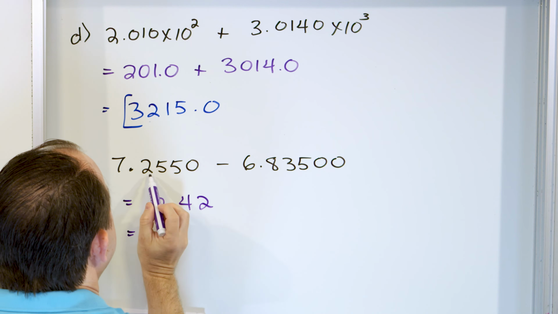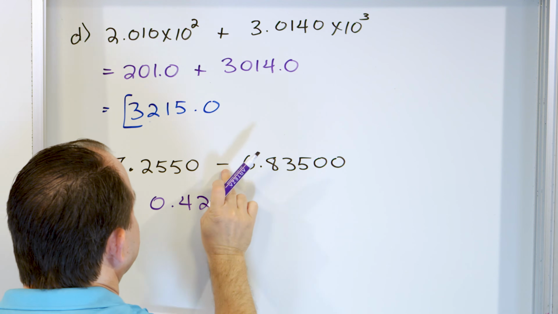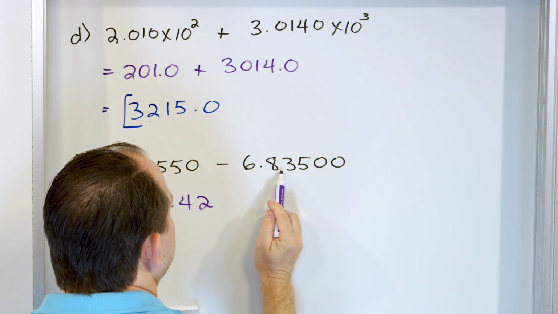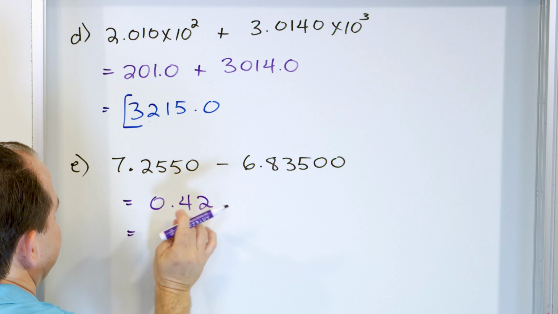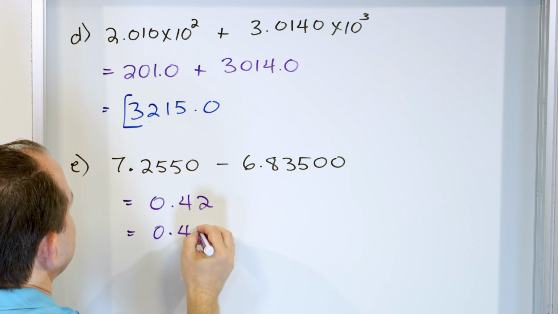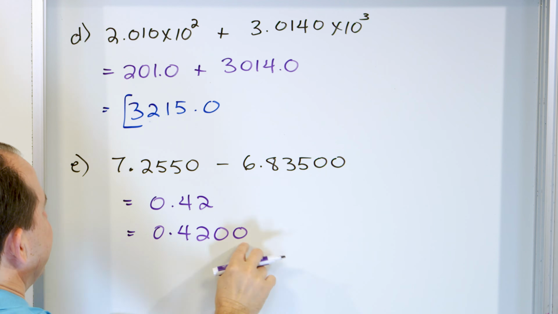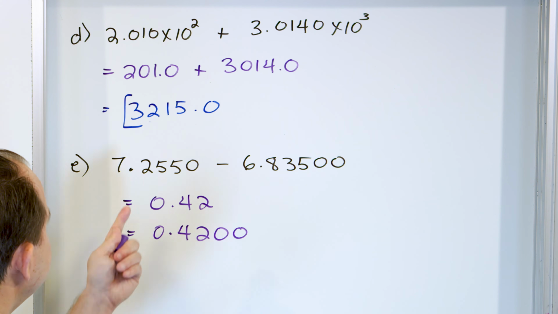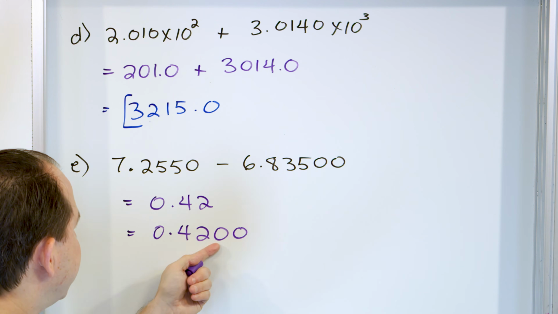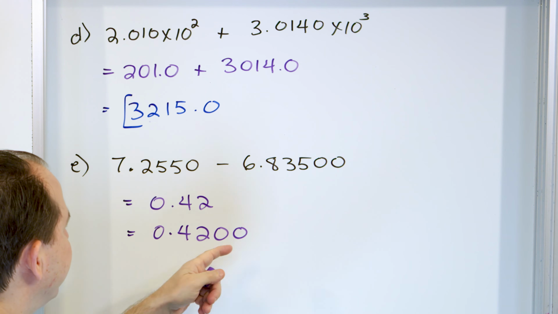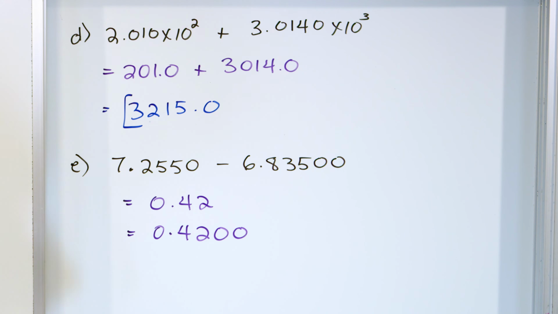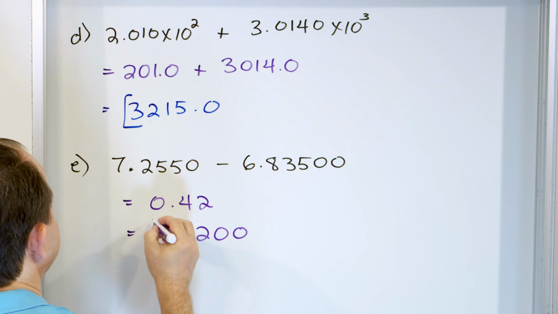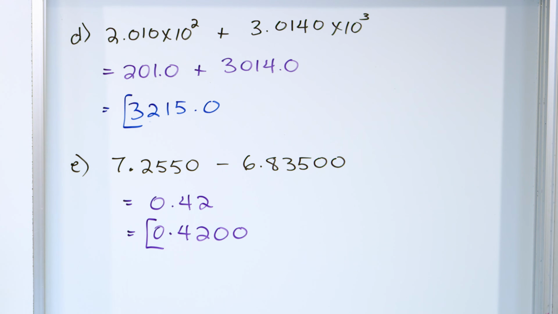But we see that we have 4 digits after this decimal, and because we're subtracting, we're only looking after the decimal, and we have 5 digits here. So our answer has to have 4 digits, but we only have 2 digits in our answer. So what we have to do is pad the answer with 2 extra zeros. To make it have 4 digits after the decimal, we add 2 zeros, and you can add trailing zeros as many as you want, and it doesn't change the value of the number. So we get 0.4200 as the final answer.